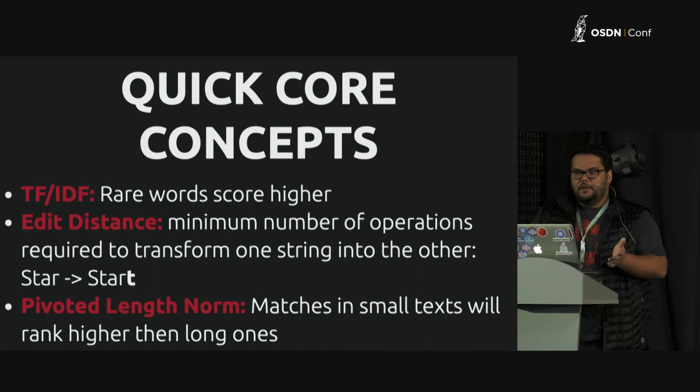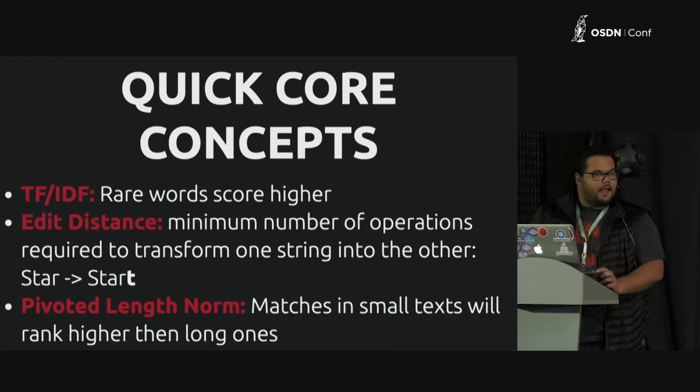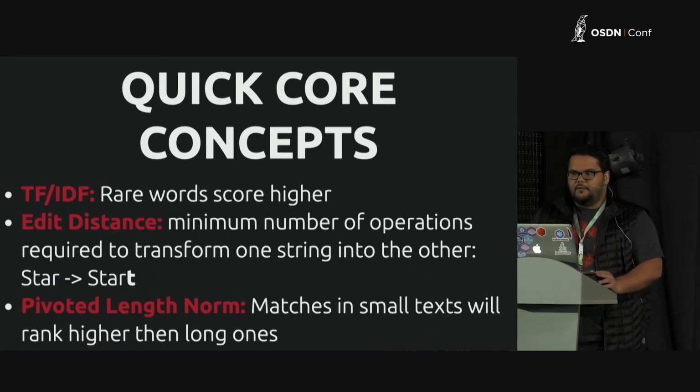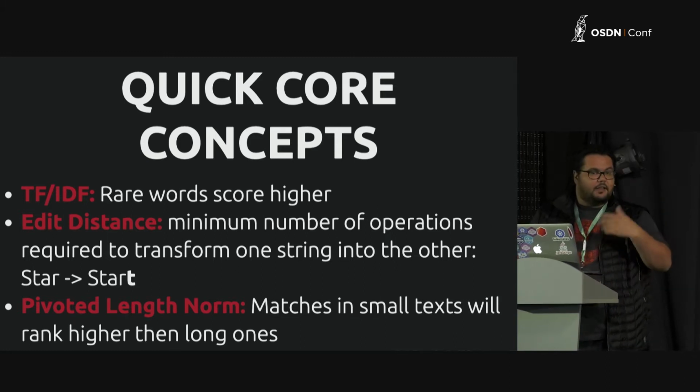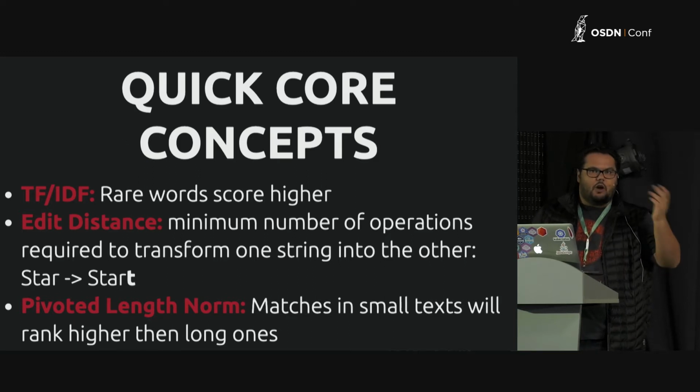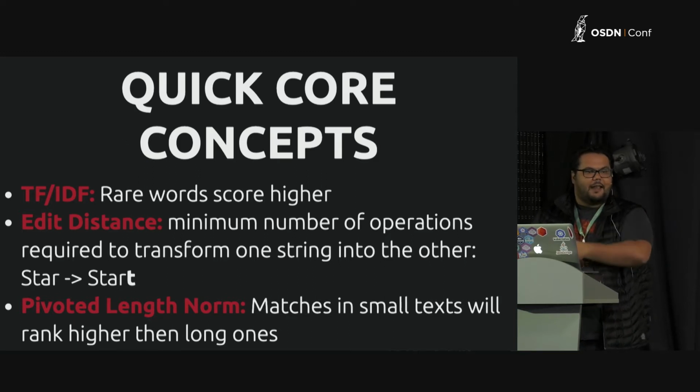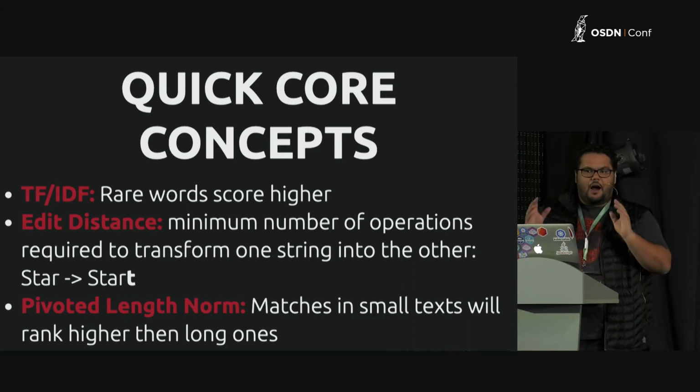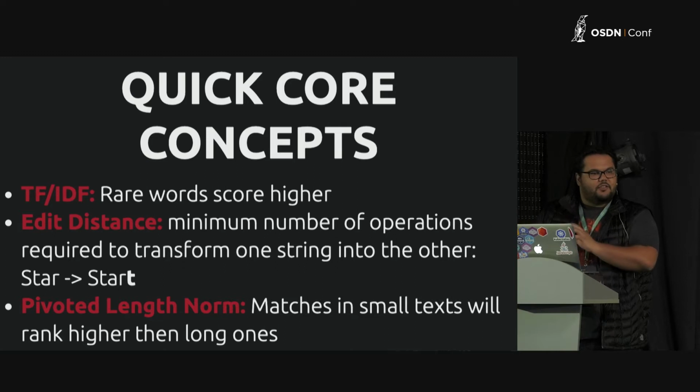Some quick concepts here. TF-IDF is a very famous algorithm. Basically, it means that words that are rarer across the documents will rank higher. Edit distance is how many operations it takes to transform one word into another.